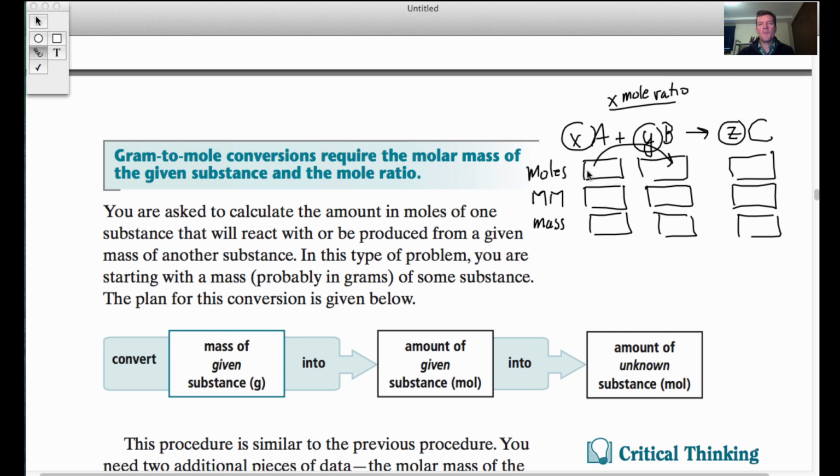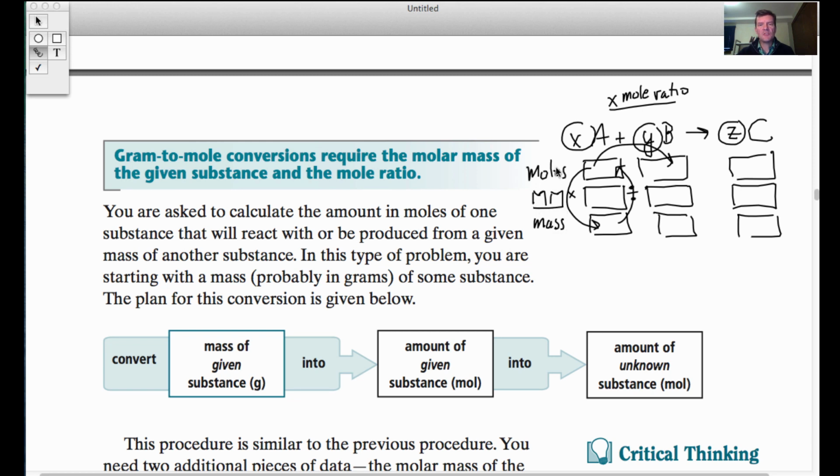To go from moles down to mass, if you know the number of moles and you know the molar mass, then you would multiply by the molar mass. If you are going the other direction and you know mass and you want to go up here to moles, then you divide by this molar mass.